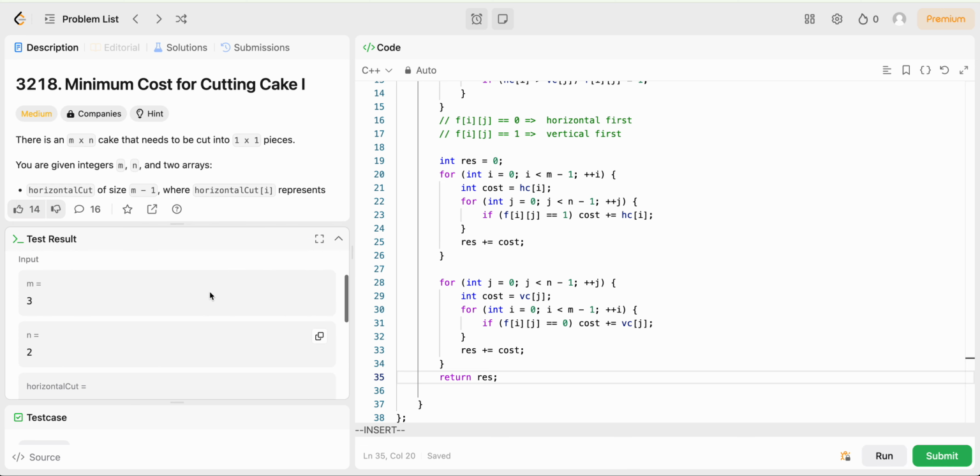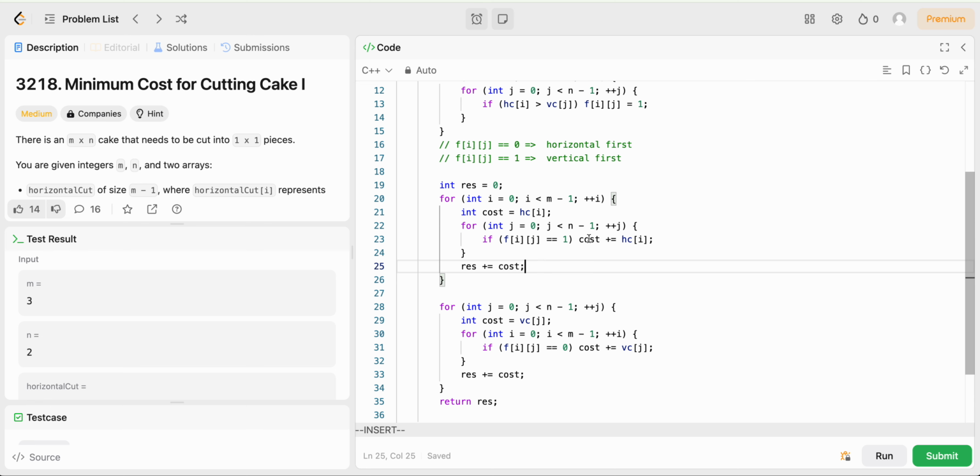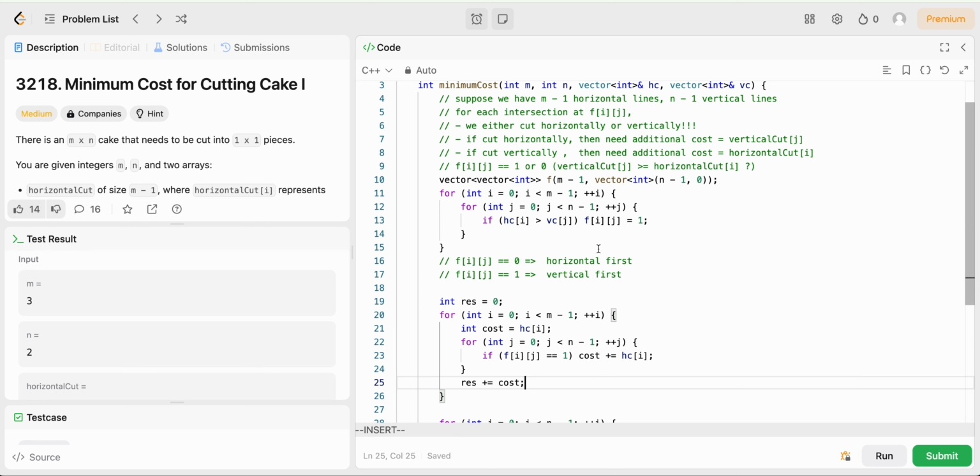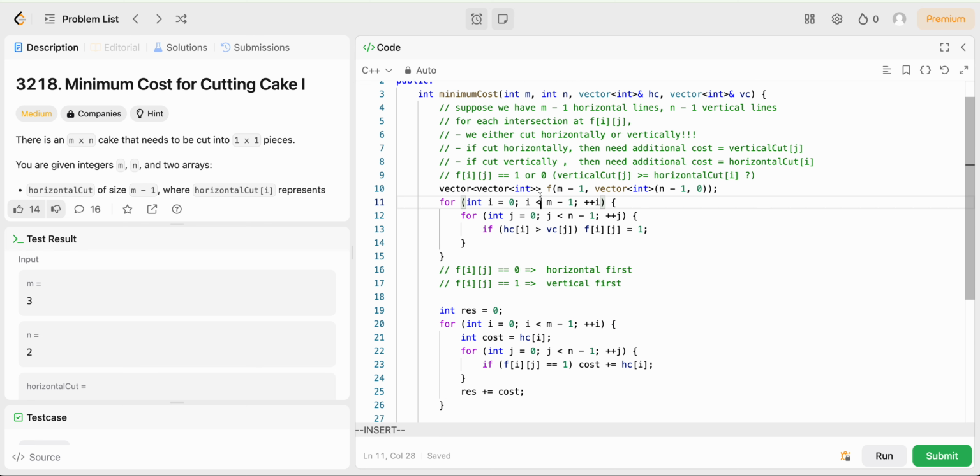Let's see. The answer is not correct. Let's read the code again to see what's happening. So basically what we want is we check all the crossing intersection positions. So it's for I equals 0 until I less than m minus 1, plus plus I, then for j equals 0, j less than n minus 1, plus plus j.